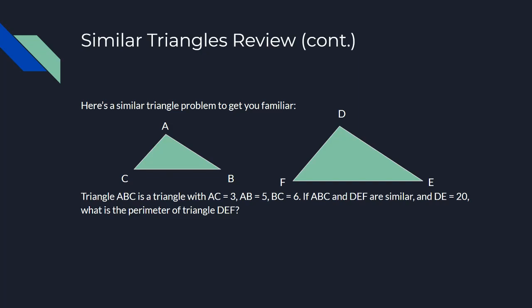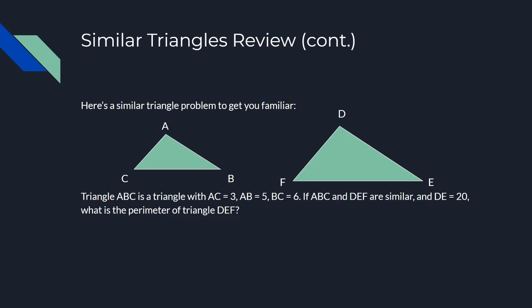So I'm guessing this problem was very easy for you. We know that DE is equal to 20 and that AB is equal to 5. So we can clearly see that the ratio that they all share is going to be 4, right? Because DE is just 4 times AB. So overall, we're going to have EF is 4 times BC and DF is 4 times AC, right?